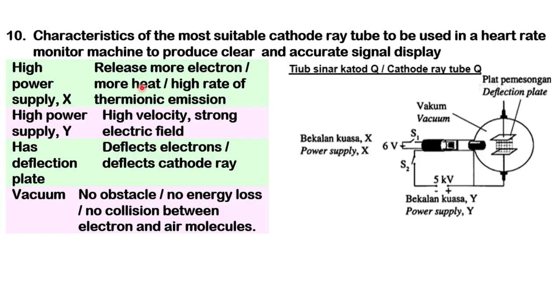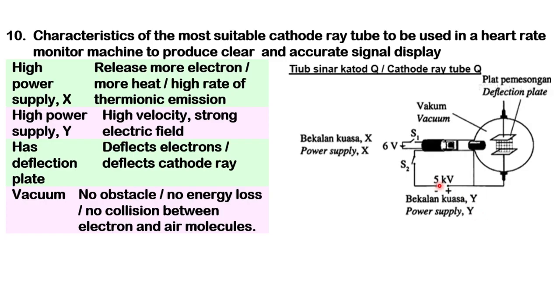You must write your answer as release more electrons, or to get more heat, or high rate of thermionic emission. The idea is to produce more electrons, so that more thermionic emission can occur.